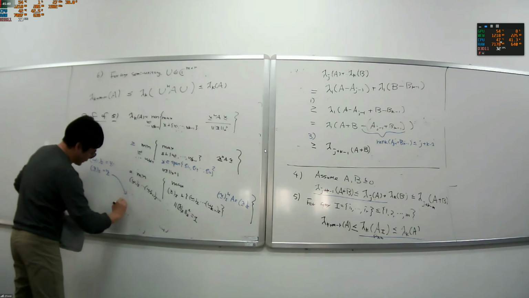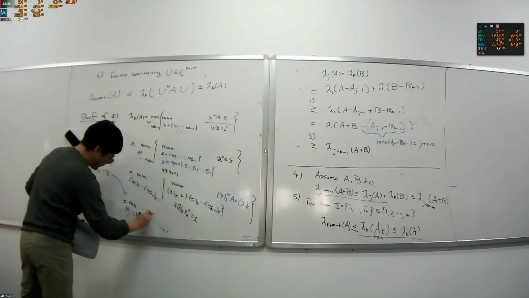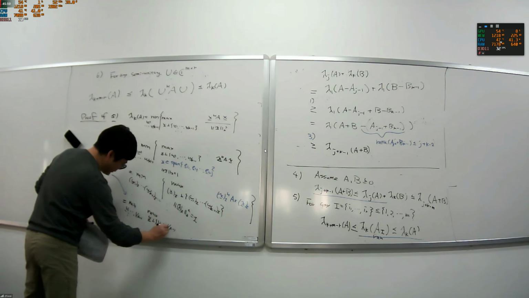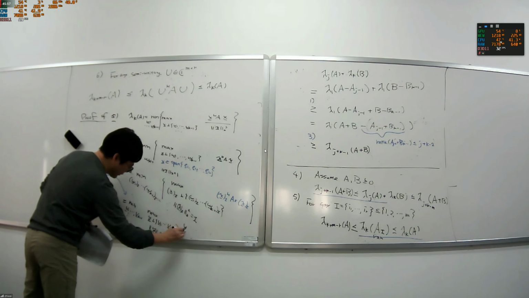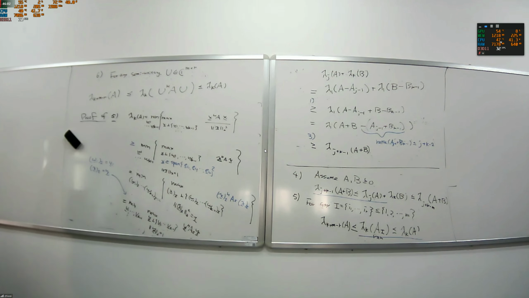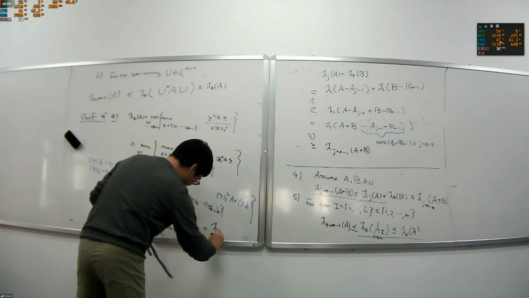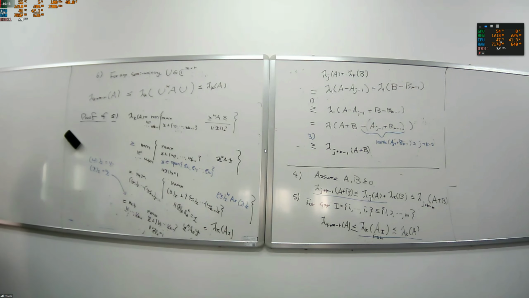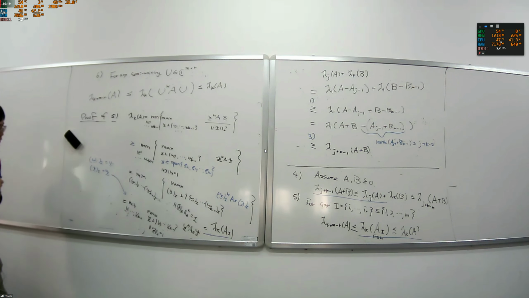Then this becomes min, max, and here is this, right? Then this is lambda k a I, k a I. This is lambda k a I. So we get this result.